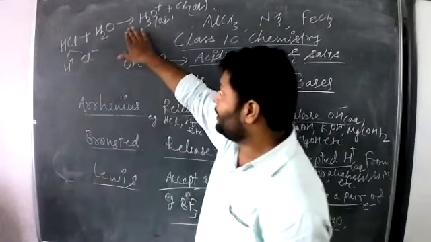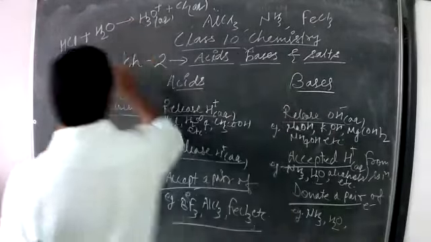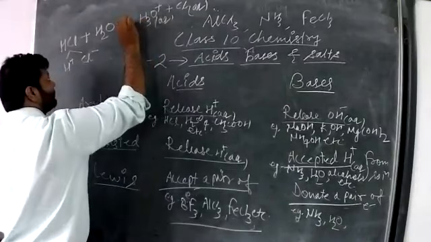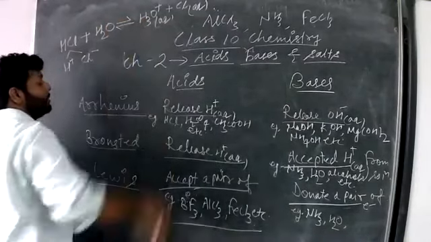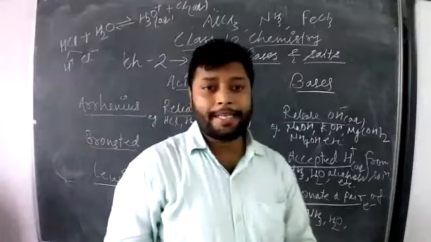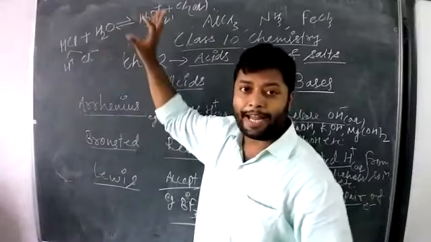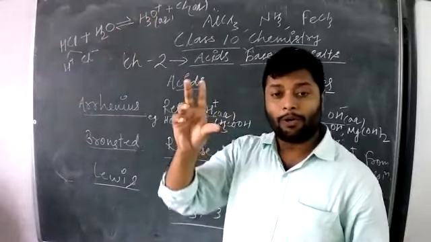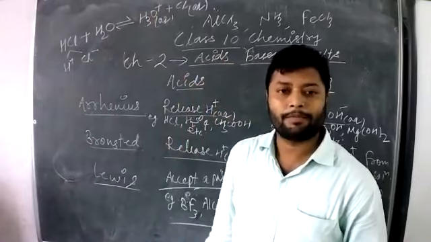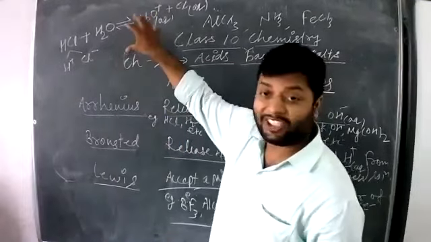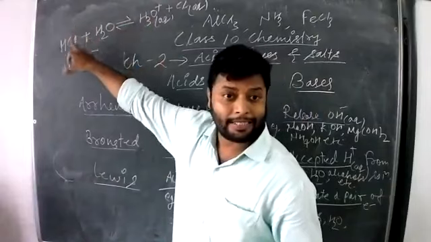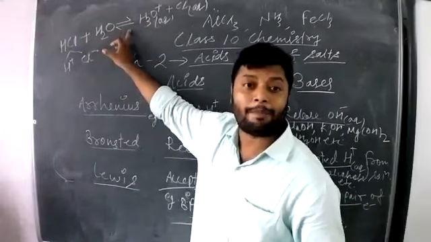So students, look at the direction again. Suppose I mark here a double arrow direction, a half arrow with a double direction. I'm just assuming only because HCl has no reversible possibility.